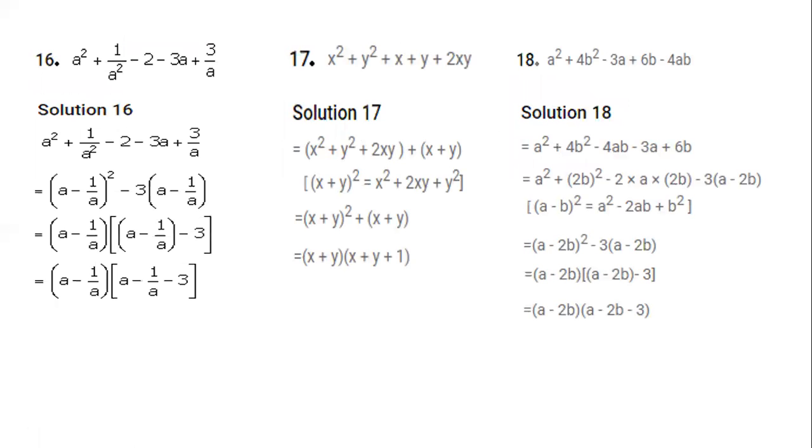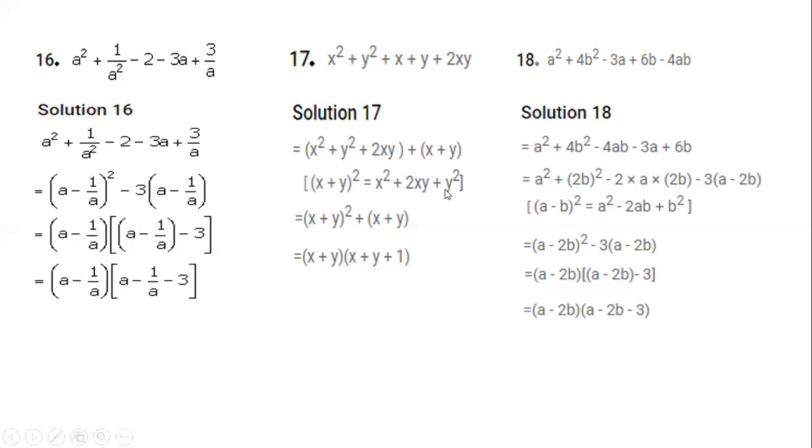Come to question number 16: a square plus 1 by a square minus 2 minus 3a plus 3 by a. See, a square plus 1 by a square minus 2. We are all familiar with the formula a plus b whole square equals a square plus 2ab plus b square.